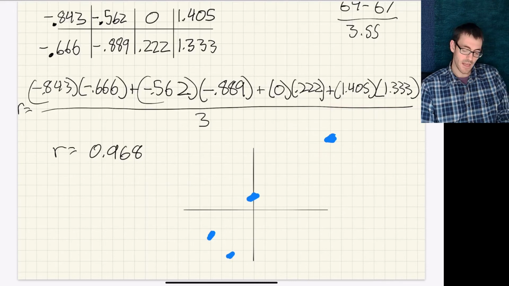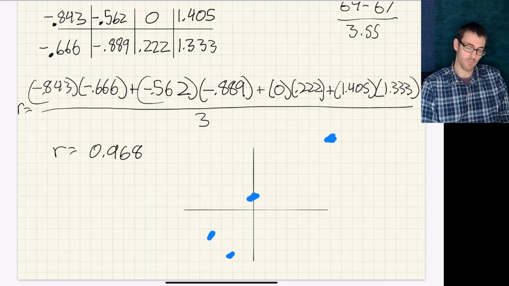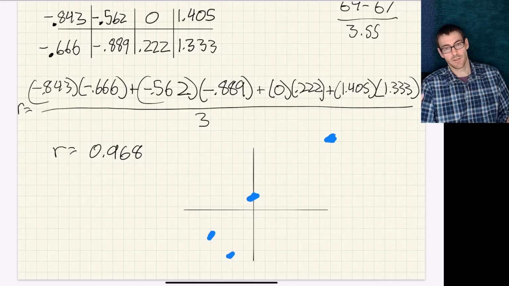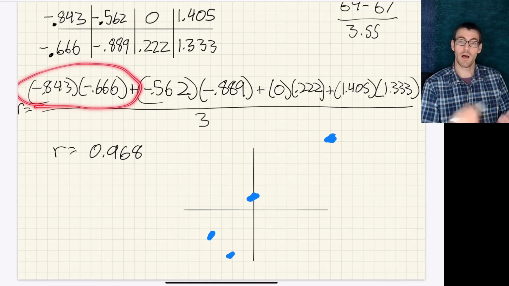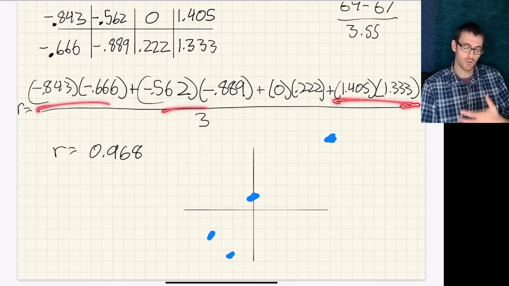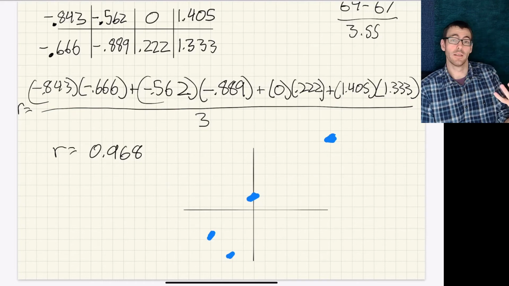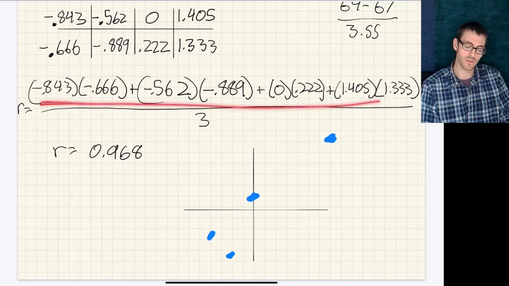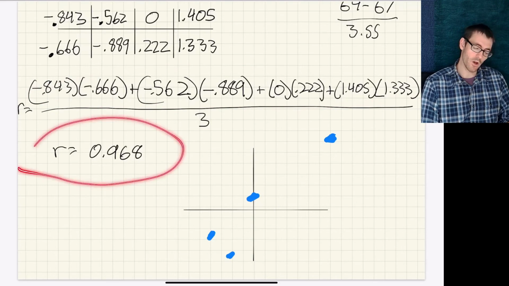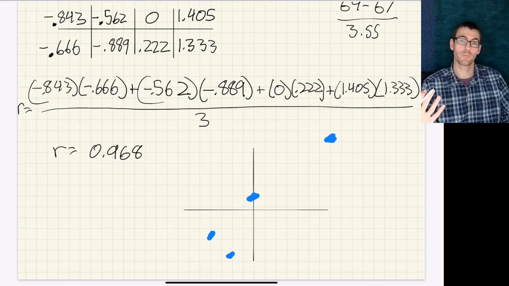If instead we have a point down here, which is below the mean for both of the variables, we're going to have a fairly substantial negative number times another fairly substantial negative number. That's going to end up being a fairly substantial positive number. So each of these ends up contributing positively to our total sum, which is then going to in turn make our end R value big.